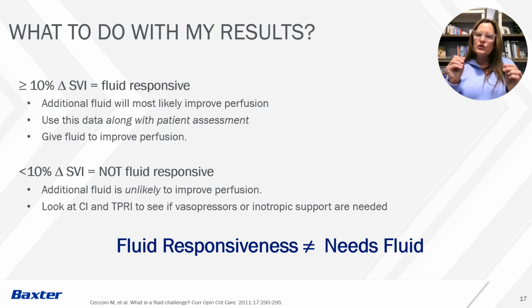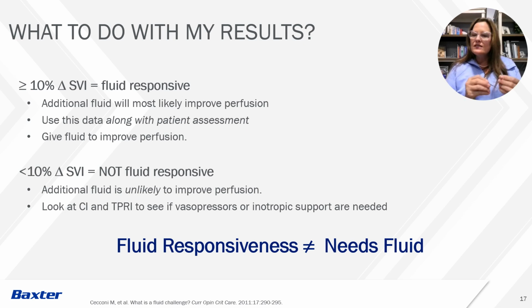I think it's important to remember that we are utilizing this on patients who are hypoperfused or hypotensive. I could do a passive leg raise on many of you and you would be volume responsive. Does that mean that I need to put an IV in you and fluid resuscitate you? No, it doesn't. But if you are hypotensive or hypoperfused, then absolutely fluid may be a good choice.